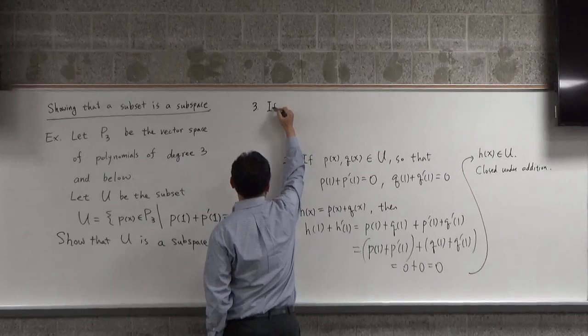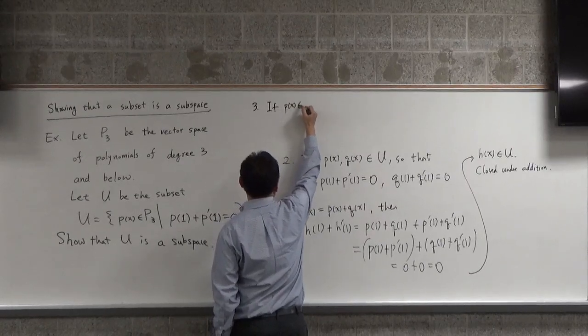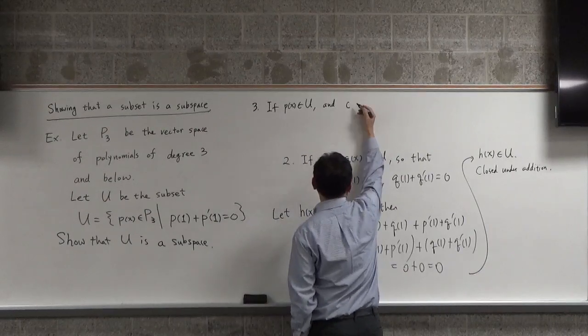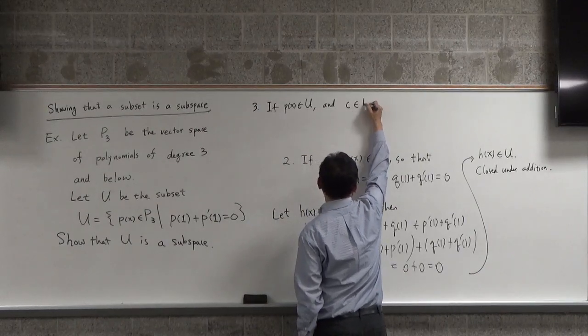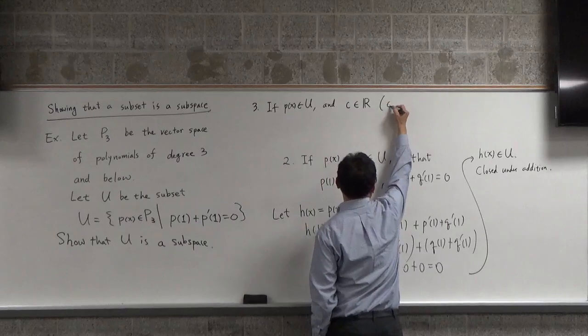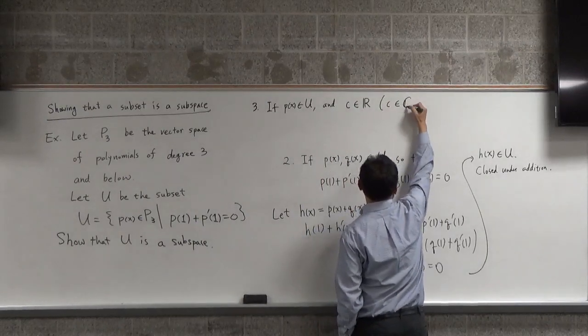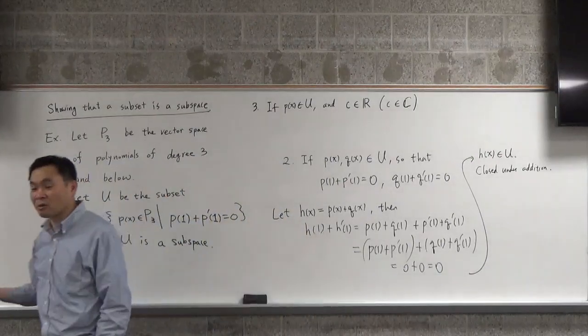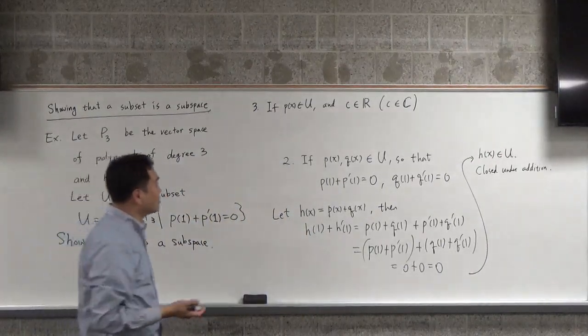If p(x) is in U and c is in R, or c is in C, depends on whether your vector space is a real vector space or a complex vector space. Okay.